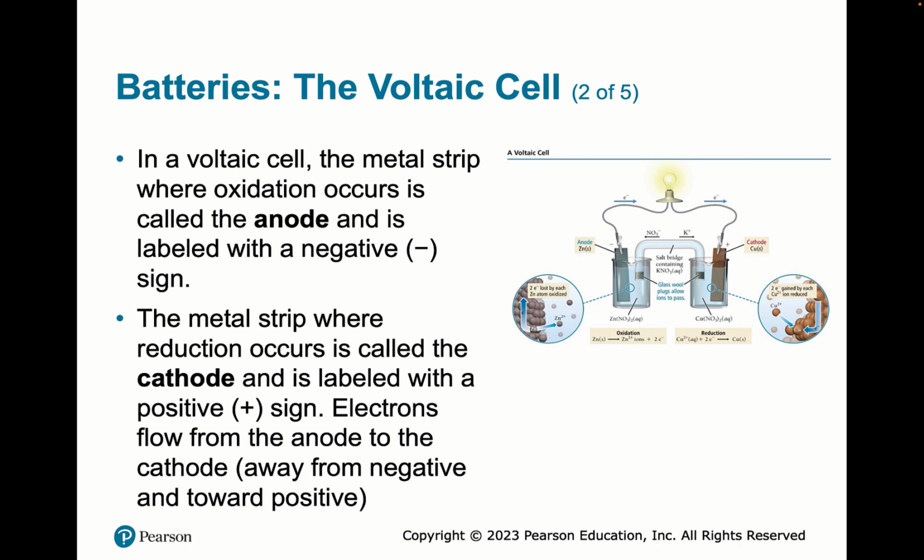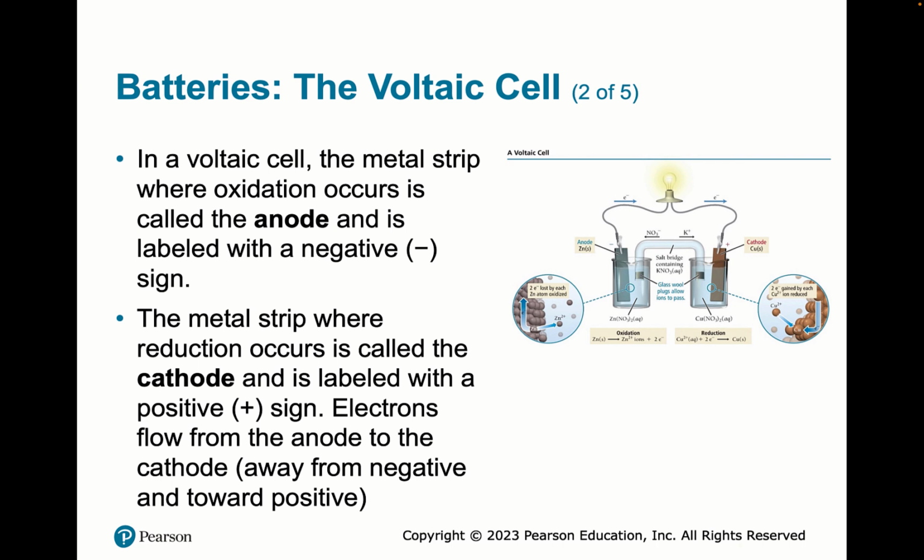The electrons will flow from zinc to the cathode, and I always think of it as the anode corrodes. So the zinc is the anode, zinc is the one that corrodes, and the cathode grows. Over time, the cathode will get thicker, and the anode will start to dissolve away.